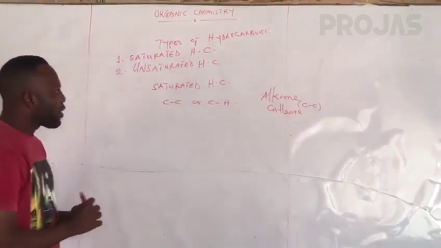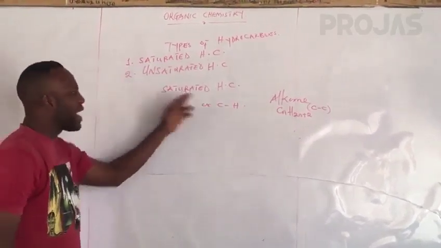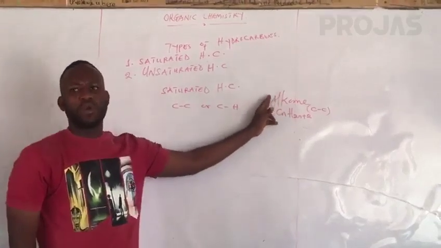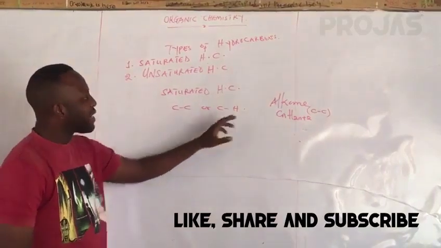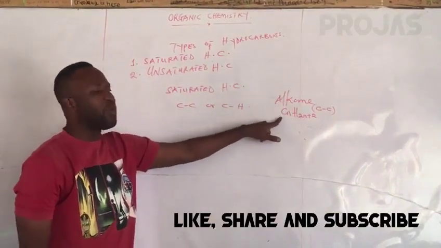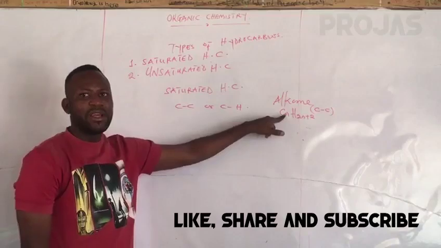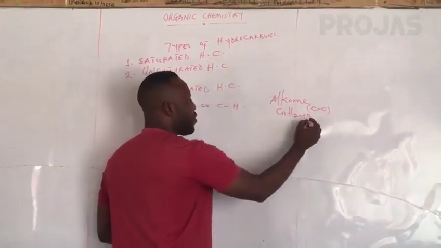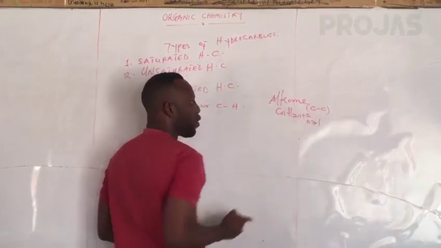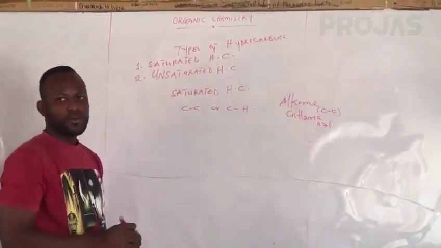So when you are talking about saturated hydrocarbons, basically we are talking about the alkanes, and they are represented by the general molecular formula CnH2n+2, where n is greater than or equal to 1.